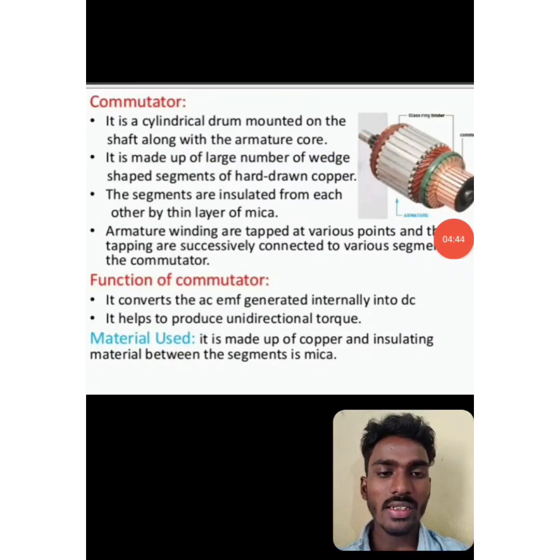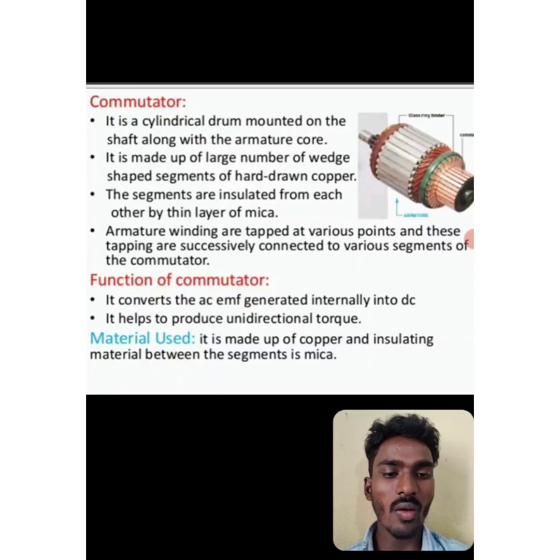Commutator. It is a cylindrical drum mounted on a shaft along with the armature core. It is made up of a large number of wedge-shaped segments of hard-drawn copper. The segments are insulated from each other by a thin layer of mica.